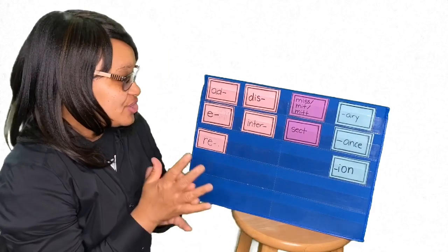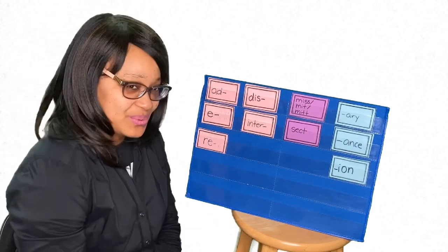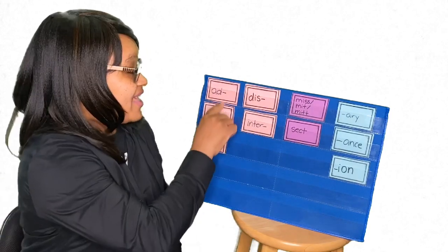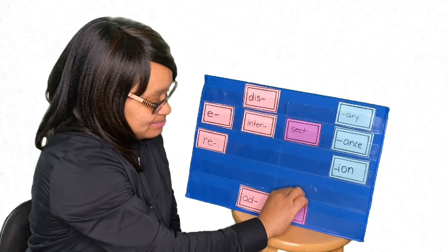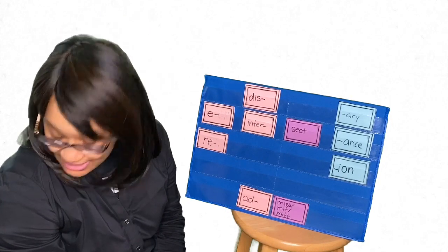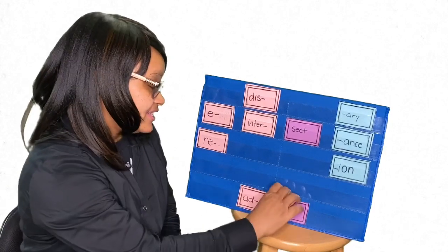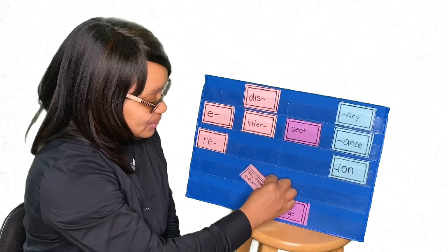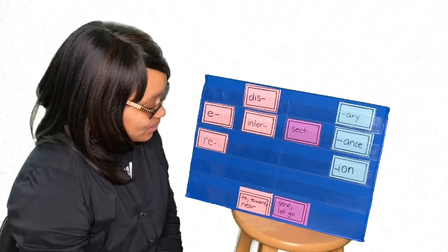Okay, let's try building some words. We have 5 prefixes to work with. Let's build admit. So we have ad, mit, admit. And this would be ending with one T, admit. So when you admit, you let go to or toward, or you send it.